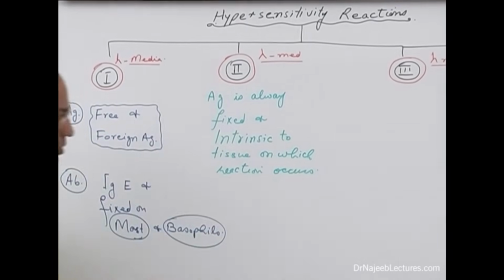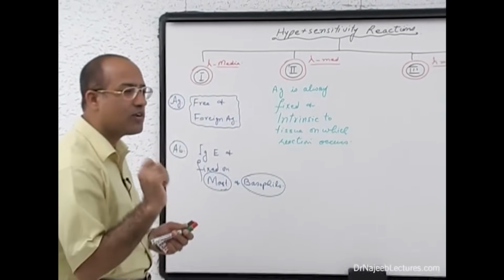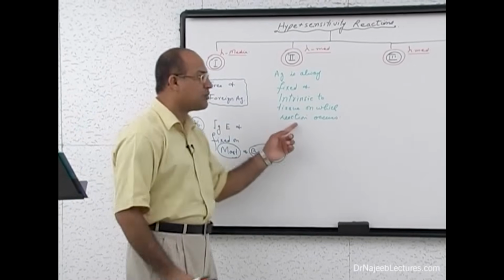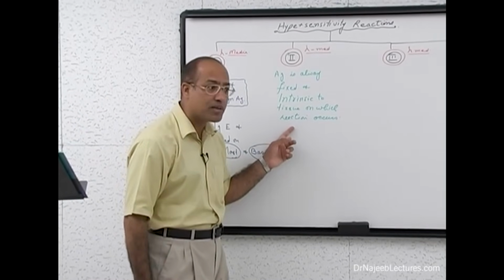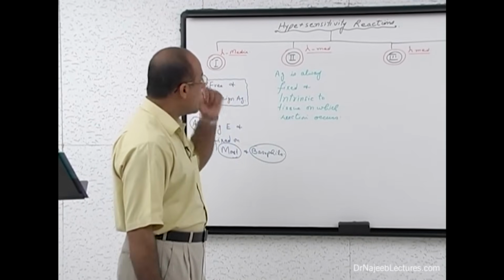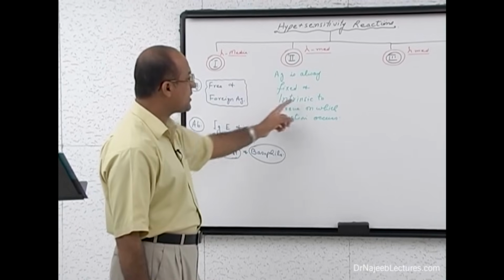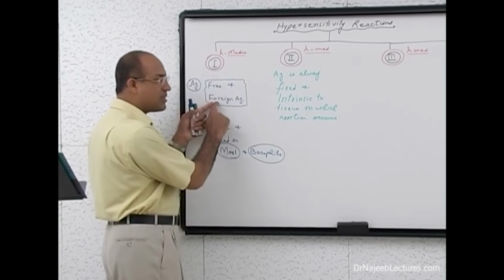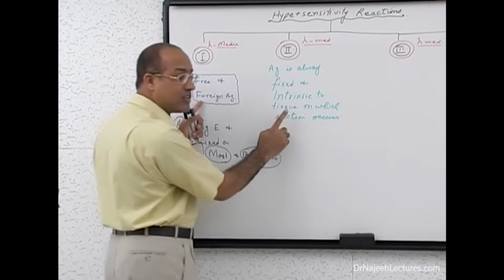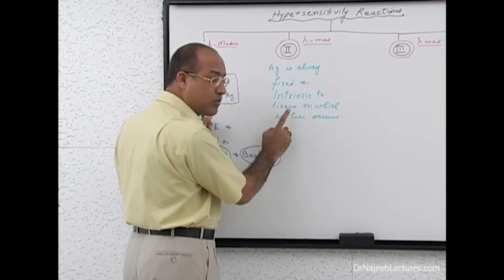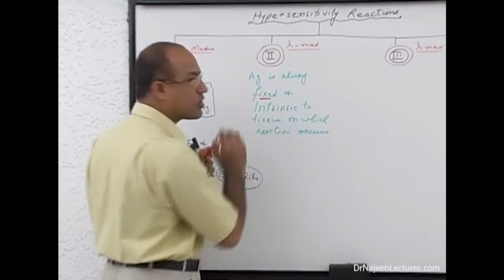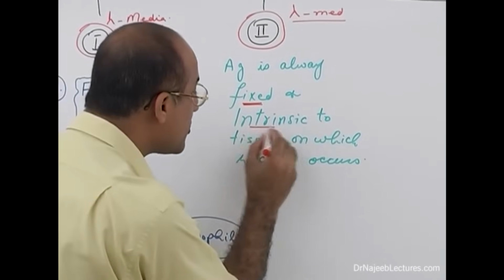For example, in type 2, antigen may be fixed on the surface of RBC, then the reaction will occur only on the RBC. Or antigen may be fixed and intrinsic to the glomerular basement membrane, then the reaction will only occur on the glomerular basement membrane. Now listen, how type 1 and type 2 are different in one way. In type 1, antigen is always foreign to the tissue in which the reaction is occurring. In type 2, antigen is always fixed and intrinsic. There are 2 points to be noted. Here antigen is fixed on the tissue or in the tissues, and it is intrinsic to the tissues.